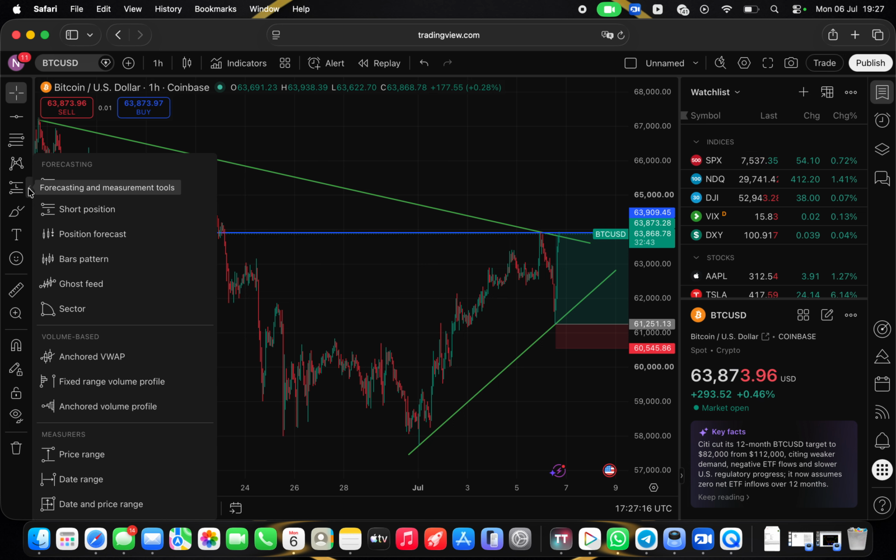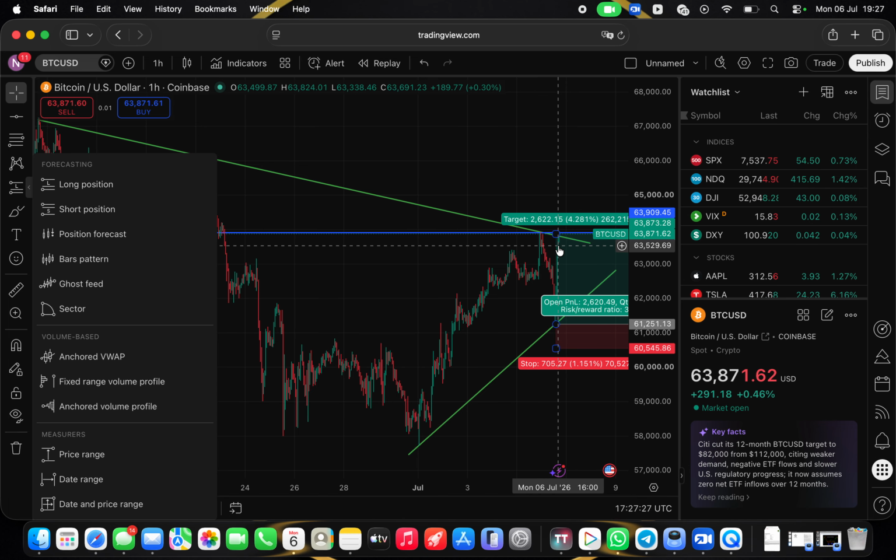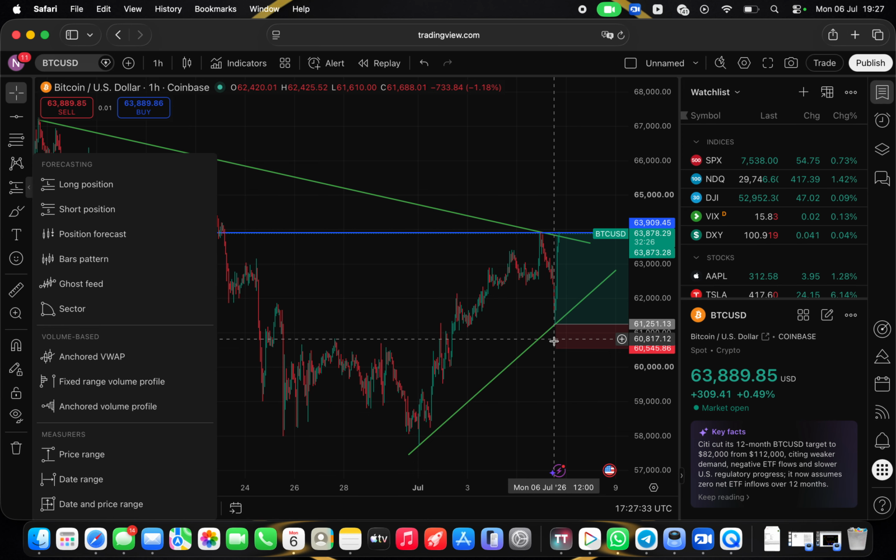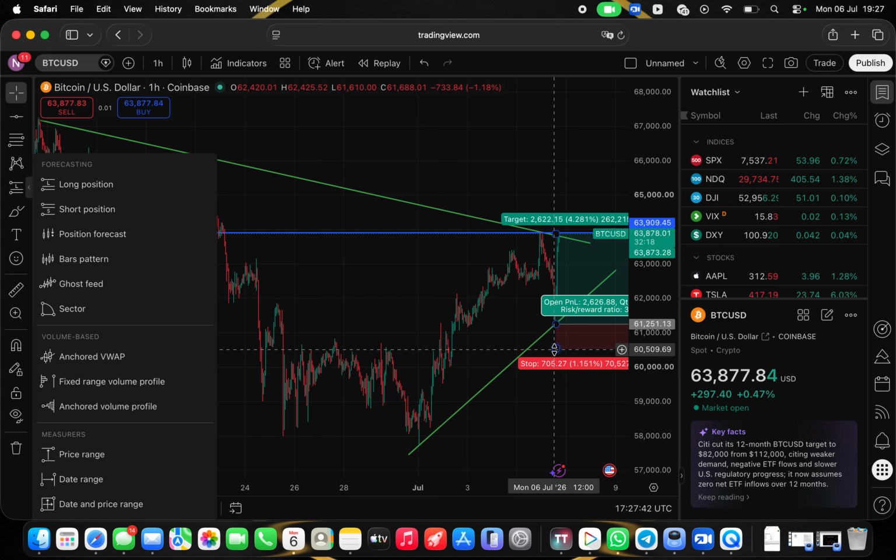If you don't want to calculate your risk to reward ratio manually, this can work it out for you automatically, just by you moving to a certain point where you think your TP is going to be hit, where you think your SL is going to be. So if you're entering a trade like this, it means now you are risking less than what you are making. So it's a very good trade.